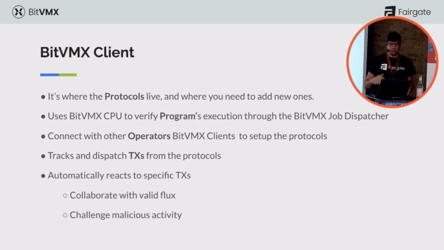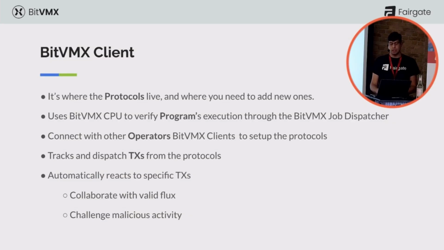So we have the protocol and the execution of the program going through the bitbmx client, as well as the connection with other operators who will also be running their own bitbmx client instance, and the tracking and dispatching of transactions to the Bitcoin network.